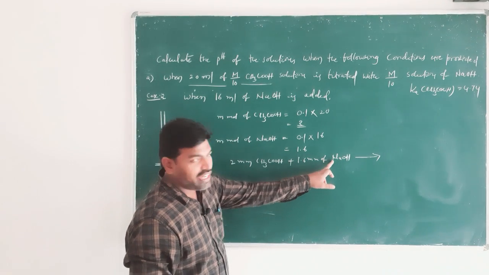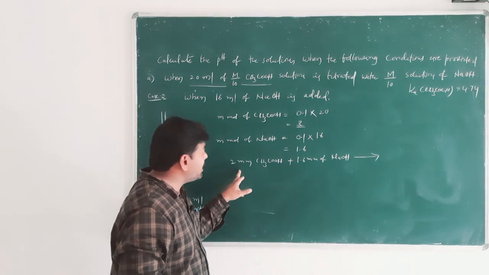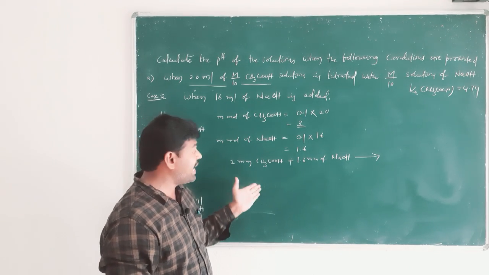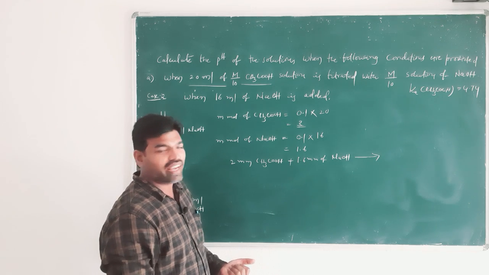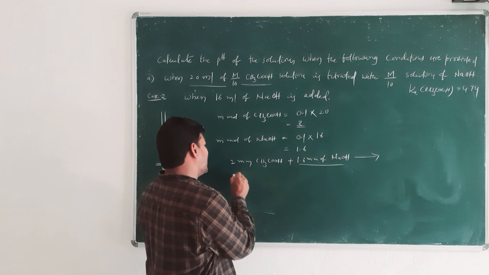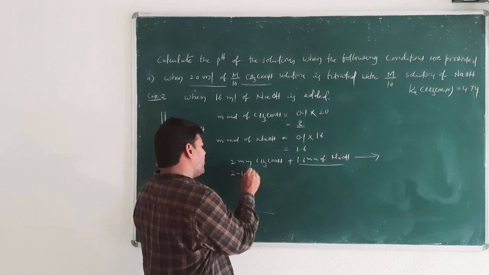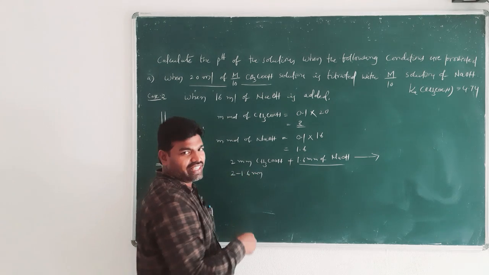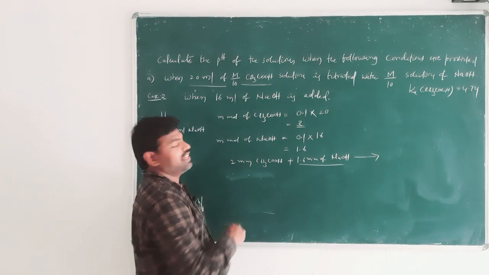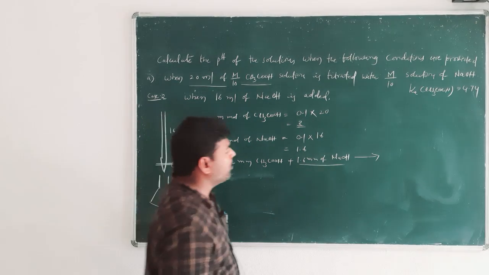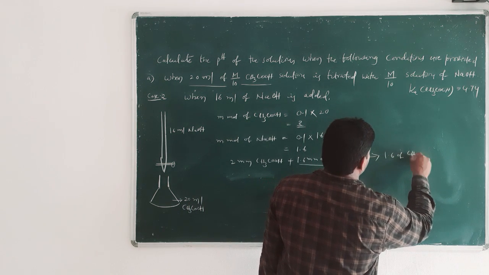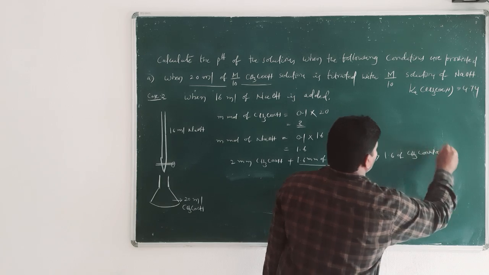to form a salt. Since 1.6 millimoles of NaOH is reacted, the remaining acetic acid is left behind. So 1.6 millimoles of NaOH reacts with 1.6 millimoles of acetic acid to form 1.6 millimoles of CH3COONa, sodium acetate.